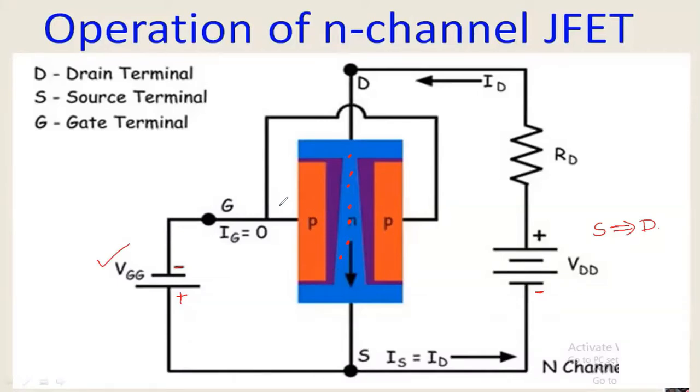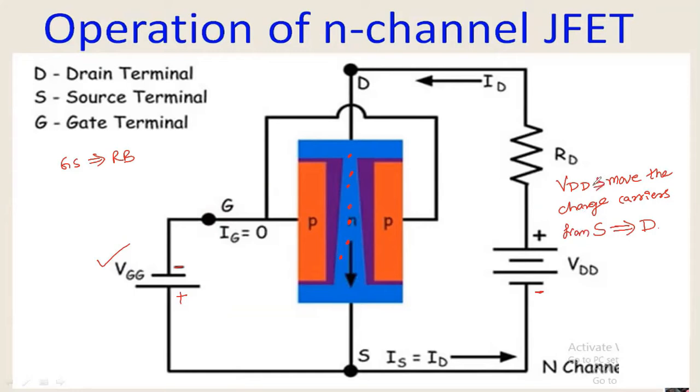Why do we make this reverse bias? To control the width of the channel. So here the gate source junction is reverse biased. And this VDD you are applying to move the charge carriers from source to drain.